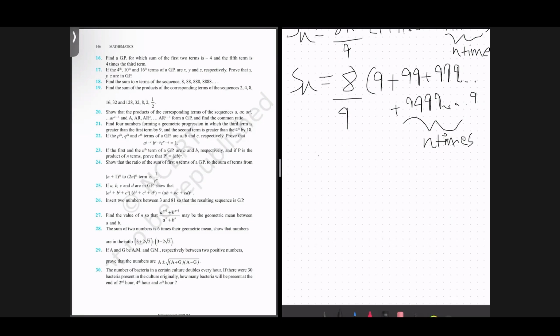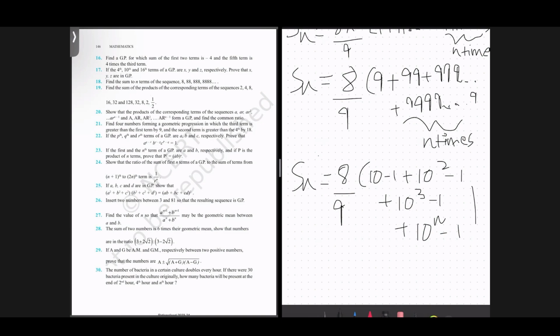What I mean by expressing each term in the bracket as 1 less than a power of 10 is that I express the terms inside the bracket as something like 10 minus 1, plus 99 can be written as 10 square, which is 100 minus 1. 999 can be written as 10 cube minus 1, and n times 9 can be written as 10 raised to the power n minus 1. Correct. I've done nothing. I've just subtracted 1 from each power of 10, and that is what I'm left with.